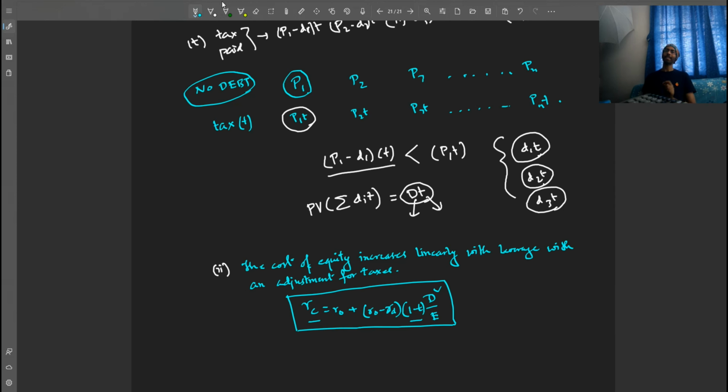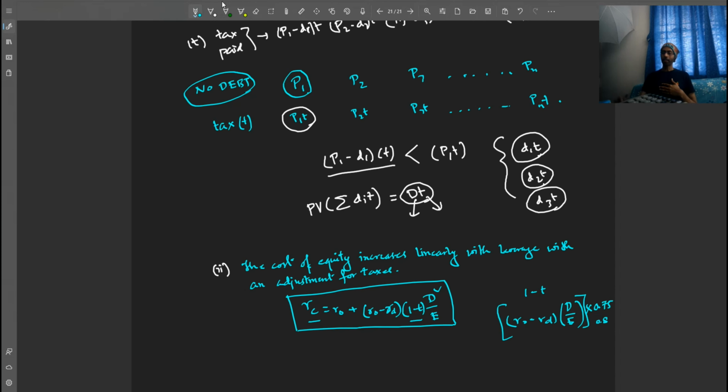And this adjustment is downward, friends, because we are multiplying by a factor which is less than 1, right? 1 minus T. So initially if the value was R0 minus RD into D by E, this time this entire expression is multiplied with something which is less than 1. Let's say 0.75 if the tax rate is 25%, or let's say 0.8 if the tax rate is 20%, like this, right? So there is a downward adjustment. So the cost of equity increases this time also, but increases a little less.